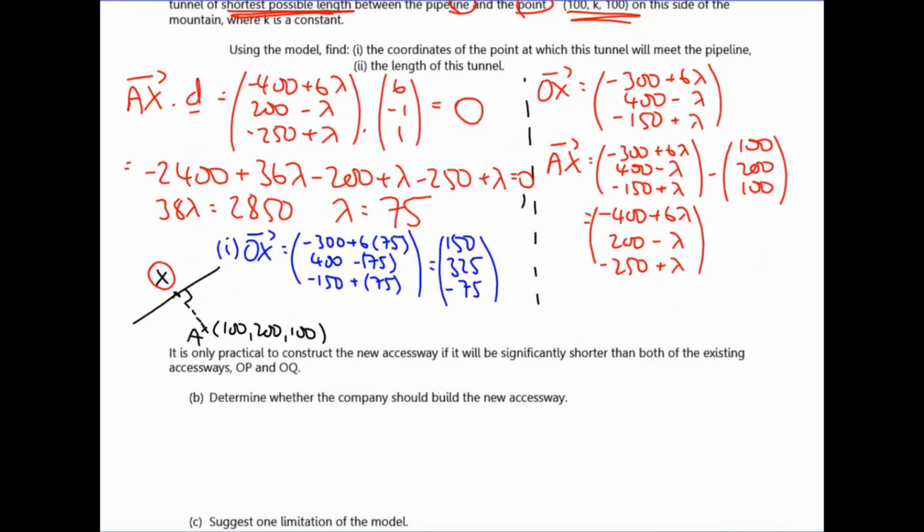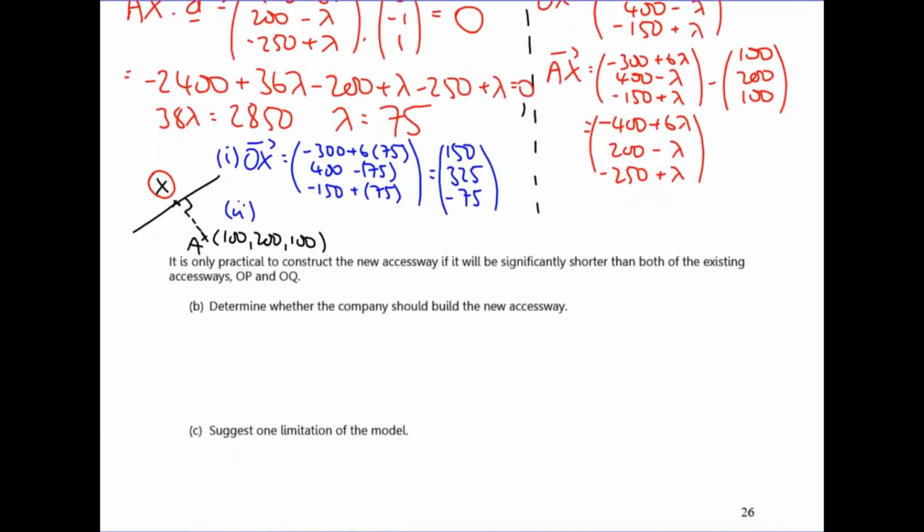The length of this tunnel, I want the vector AX and then the length of that. So I've put 75 into there, and I'll get 50, 125, minus 175.